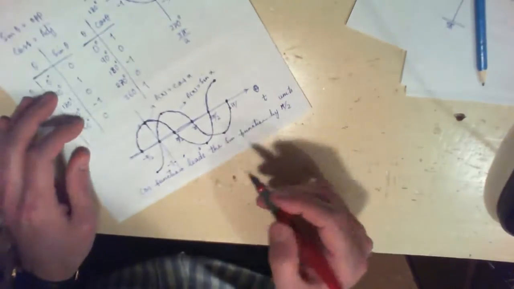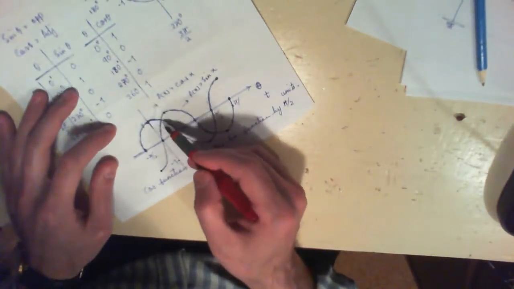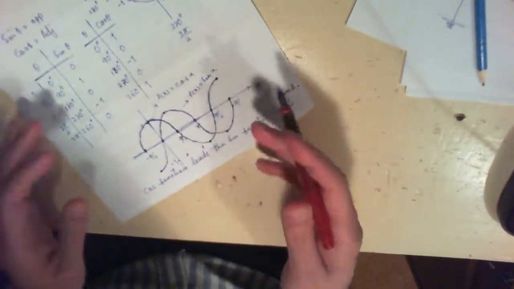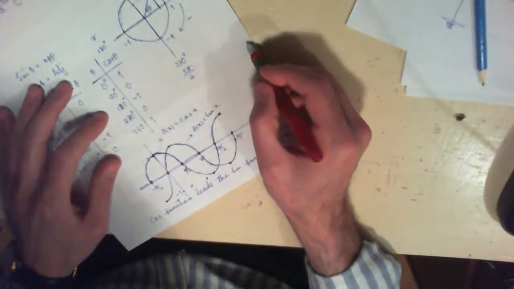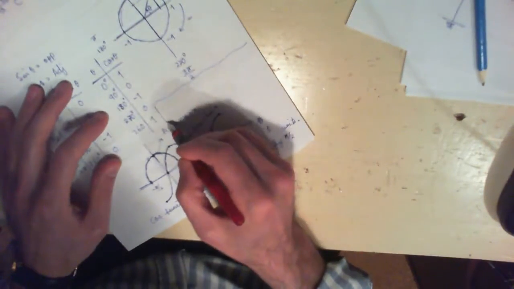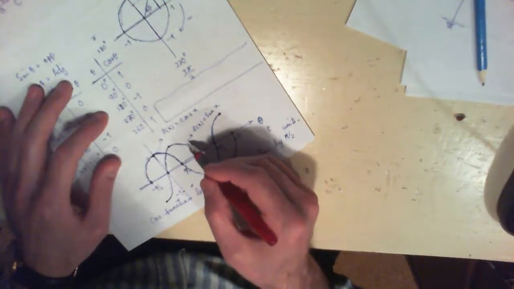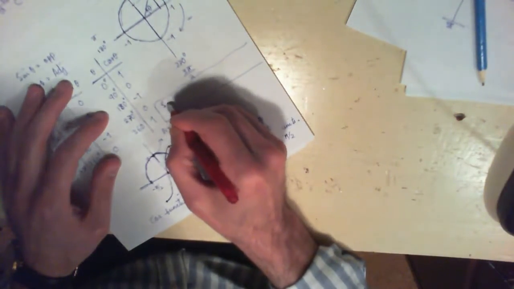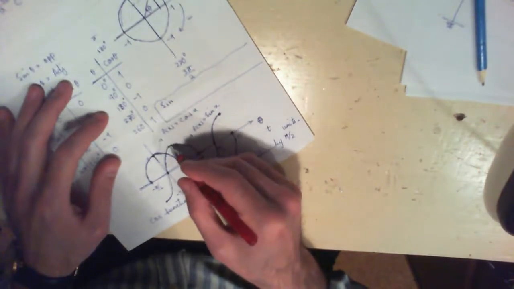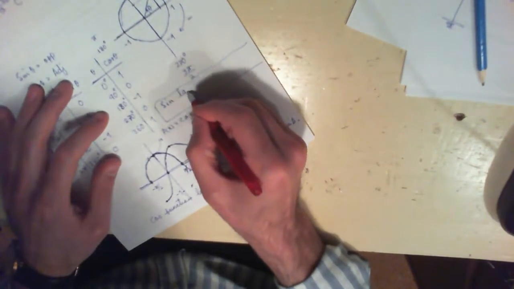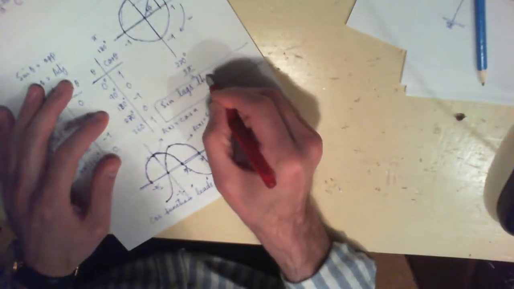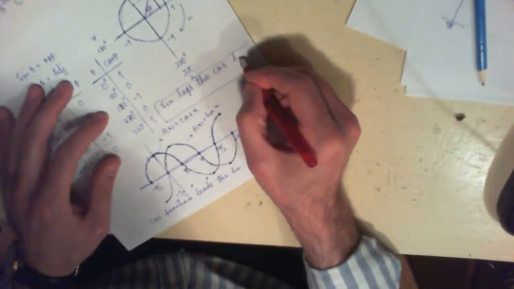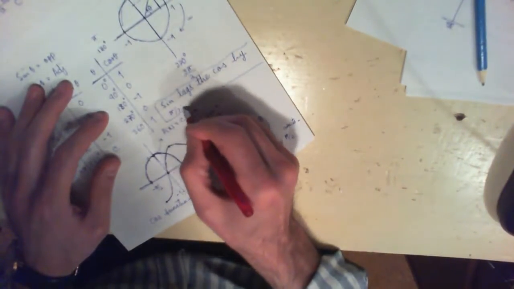Okay, so we say that the cos function leads the sine function by pi by 2 units. Or another way of saying the same thing is the sine function lags the cos function by pi by 2 units.